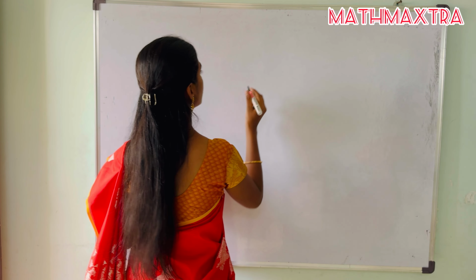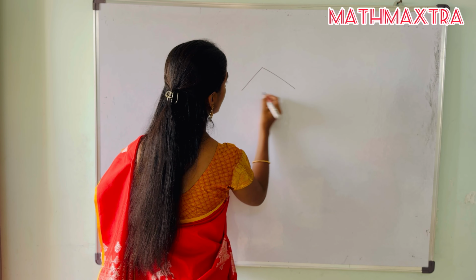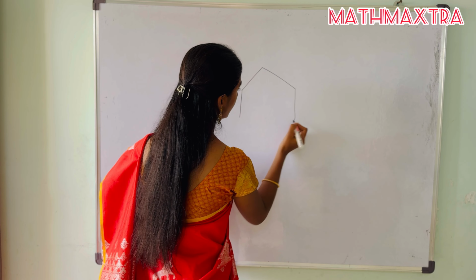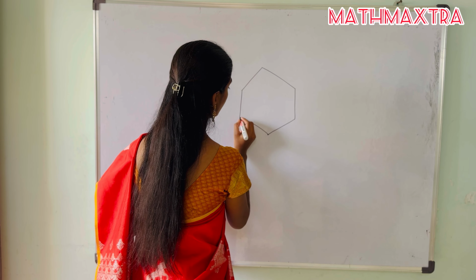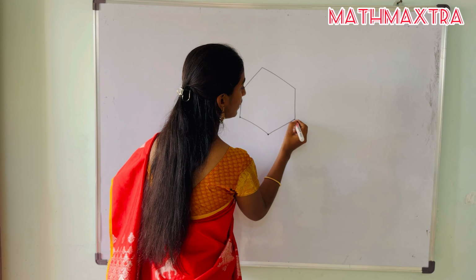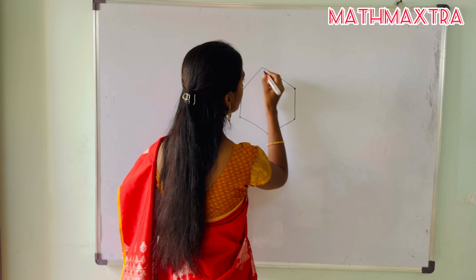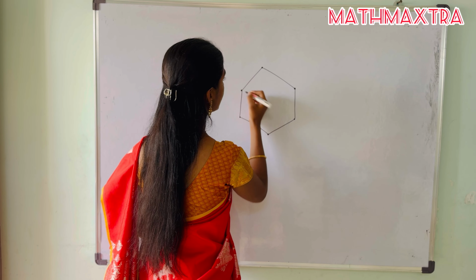See, this is a hexagon I am considering. Okay, this is a hexagon. So we know at every vertex there is a chance of having an exterior angle, isn't it?